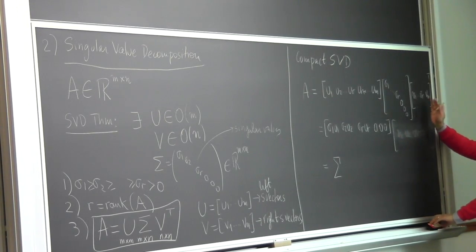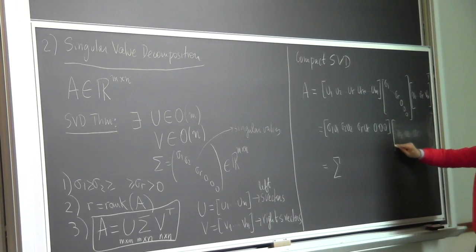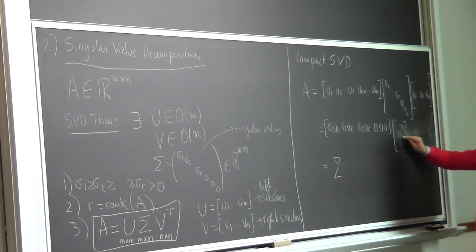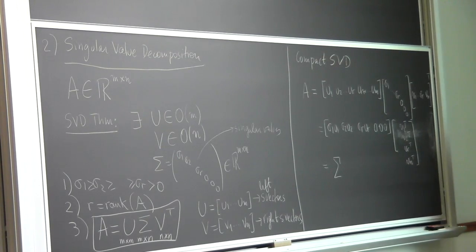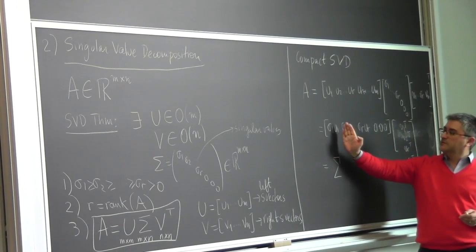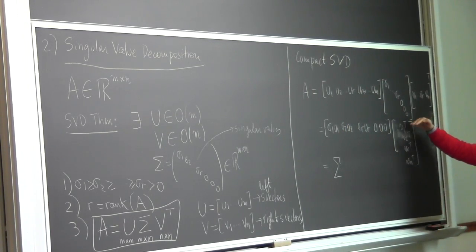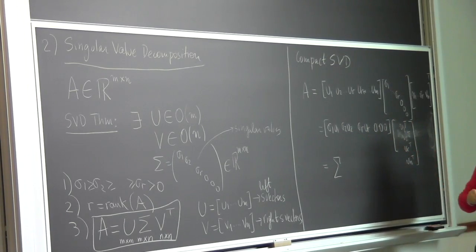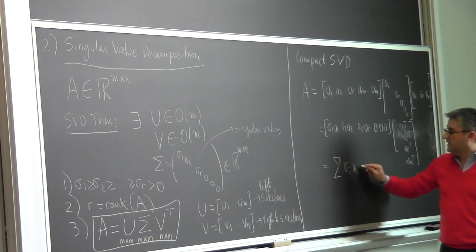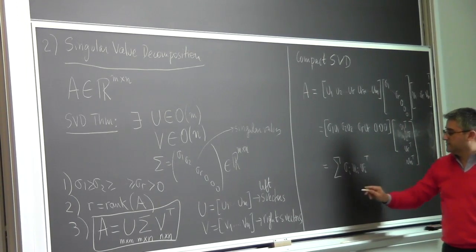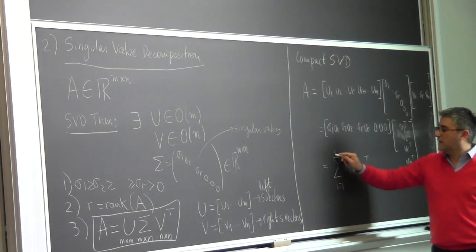Here is all of the columns, and they are transposed. So I'm just going to put V1 transpose, V2 transpose, VR transpose, and then Vn transpose. So what's going to happen is the following. I'm going to have this column multiplying that column multiplying that. So what I'm going to get is the sum of sigma i u i v i transpose, i equals 1 to r.